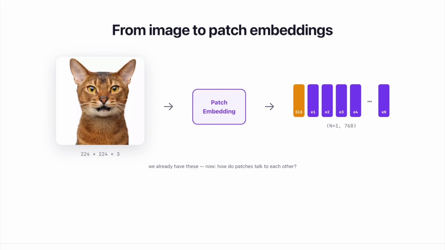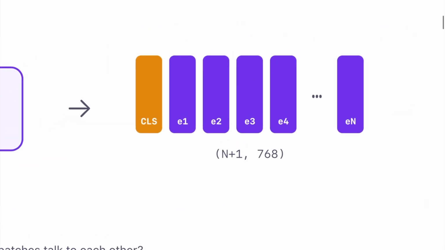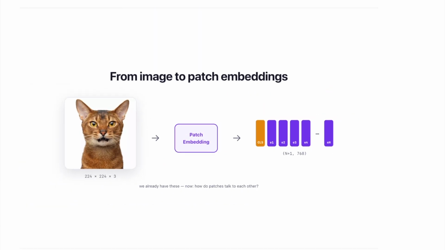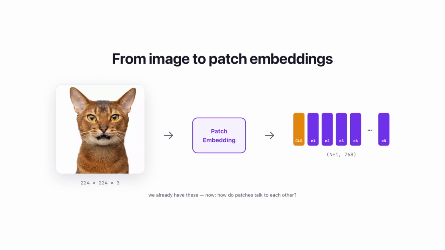The flow of how we created a vector was: we had an image, we broke that image into n p cross p patches, and each individual patch has 3 channels, and we flattened those channels, and then we subjected that flattened vector to a linear matrix multiplication to obtain a vector embedding. Then we added the position embedding to it to get the final embeddings, and the final embeddings are E1, E2, E3, E4 and En. So this was what we learned in our previous class.